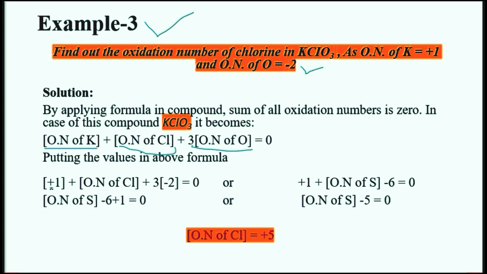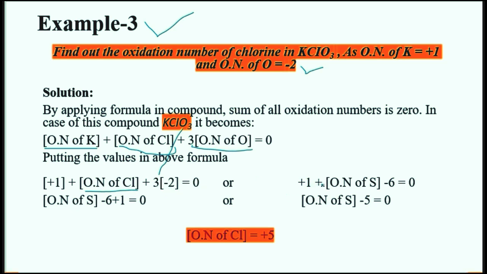So we put in the value +1, as potassium has oxidation number +1, and the oxidation number of chlorine we are going to find. There are 3 atoms of oxygen, and the oxidation state is -2, equal to 0.